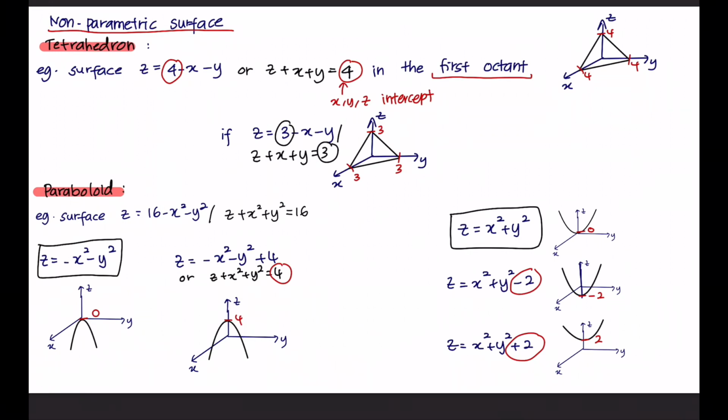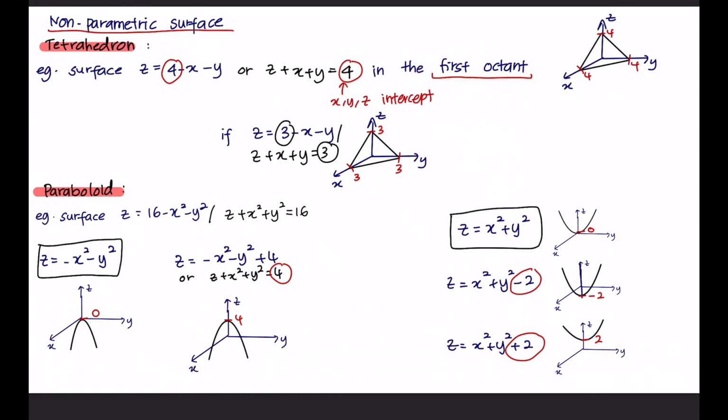If the surface is given by this equation, z equal to some constant minus x minus y, or the surface is written as z plus x plus y, so x and y here are moved in front, then we have positive x and y equal to some constant in the first octant.